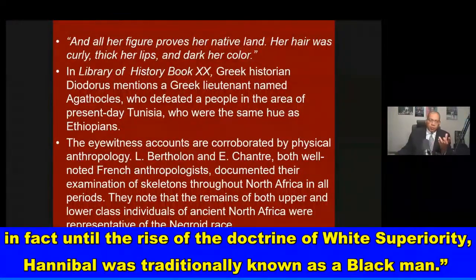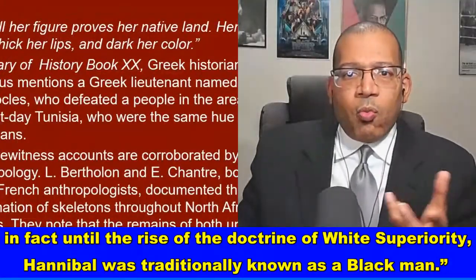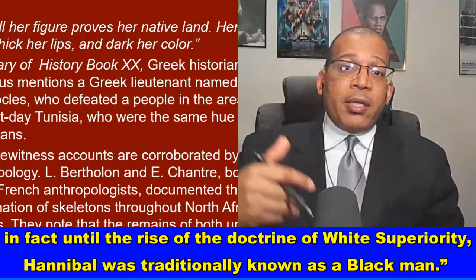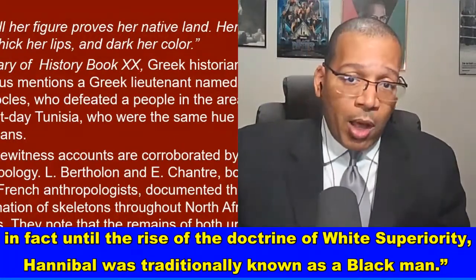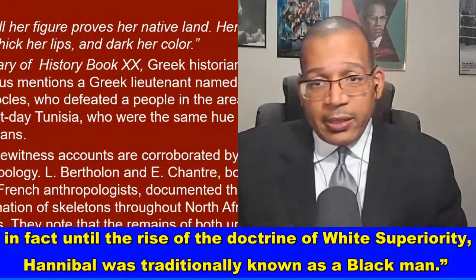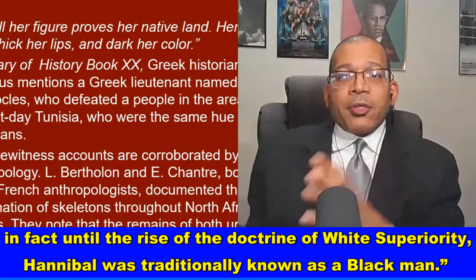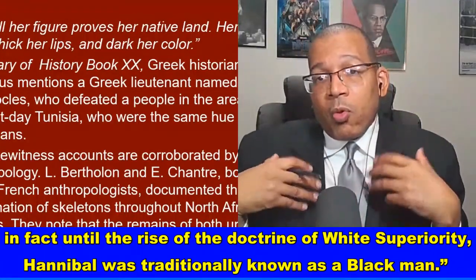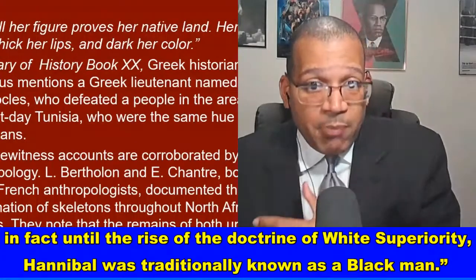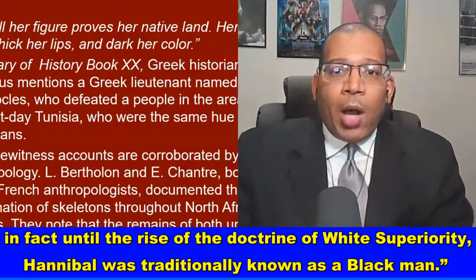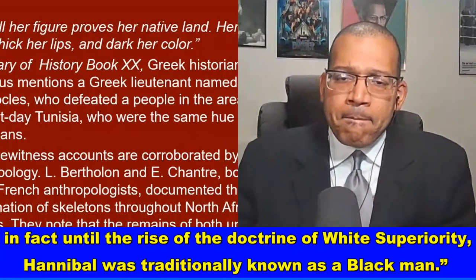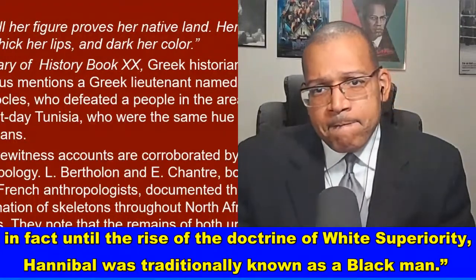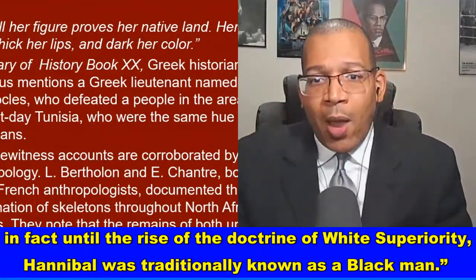Now, yes, Europeans also try to say that Ethiopians were white, and when Emperor Menelik II defeated the Italians at the Battle of Adwa in March of 1896, the Italians told the world that the Ethiopians were white because they didn't want the world to know that they were defeated by these African people. So when you research the Battle of Adwa, March 1896, you see that the Italians were embarrassed. So they lied and said the Ethiopians were white.